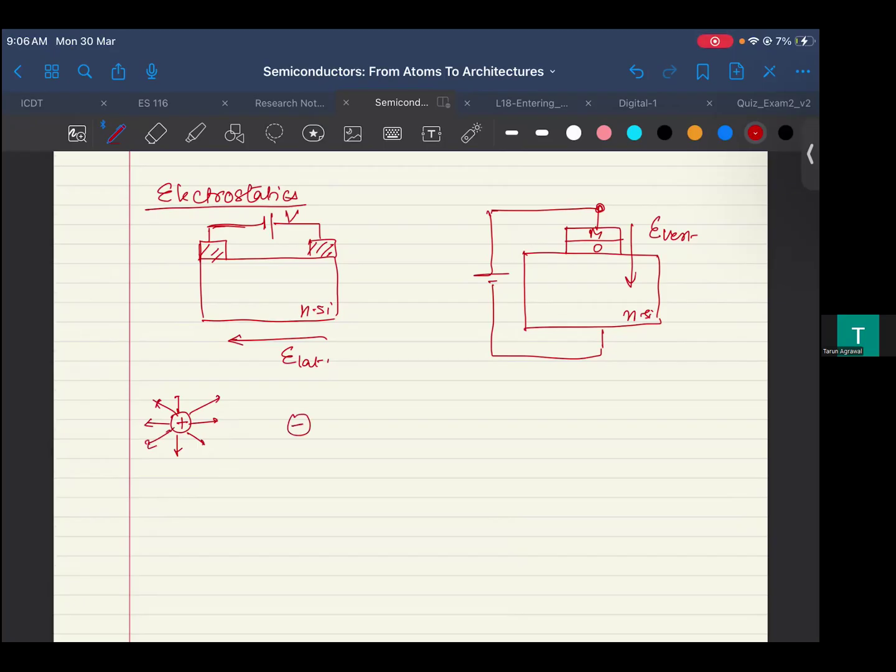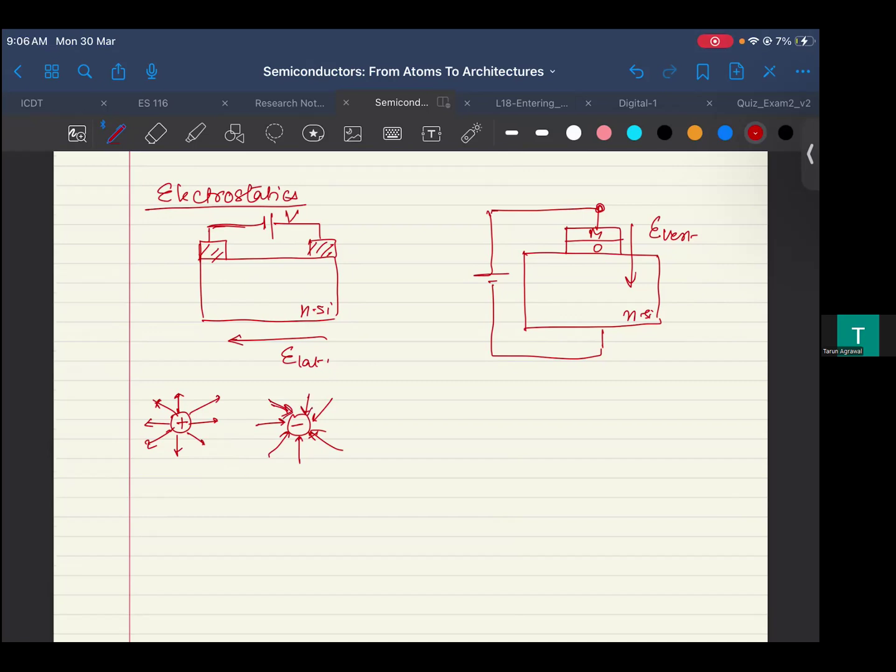A positive charge radiates these field lines, similar to that, a negative charge absorbs the field lines. By convention, a positive charge is radiating and a negative charge is absorbing. That is the convention we use for the field lines.